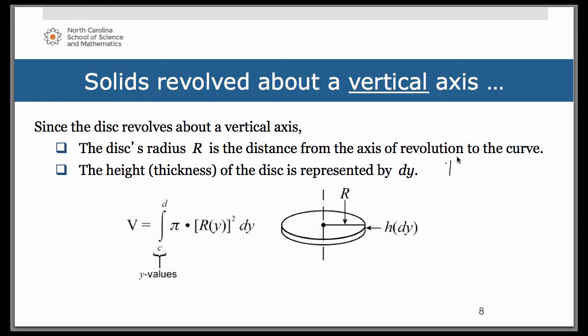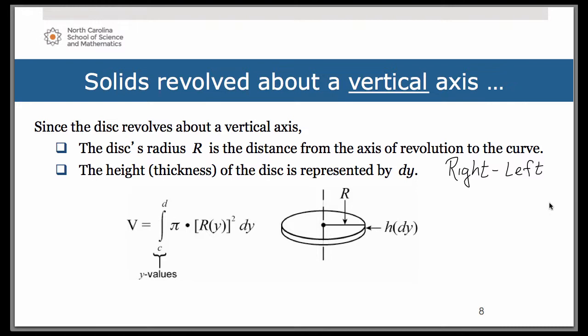This time you're going to think right minus left. The R value is an expression you'll compose by taking what the representative rectangle is hitting on the right side minus what it's hitting on the left side.